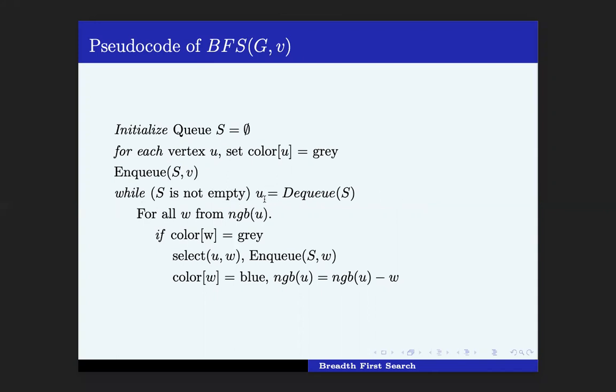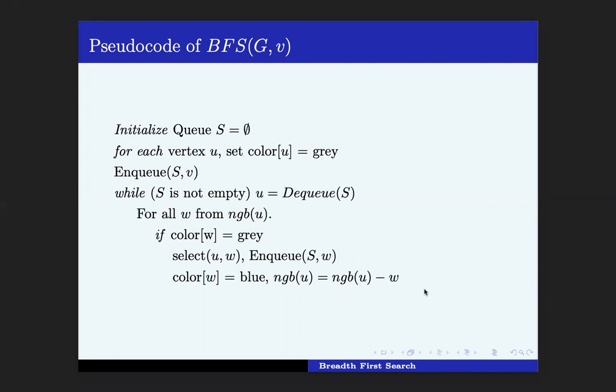I first consider the first vertex in the queue, and let it be U. I look at all the neighbors of U. If the neighbor W is gray, that means it has not been visited earlier, I just put it in the queue and I color it.